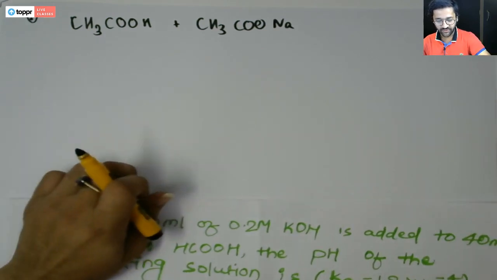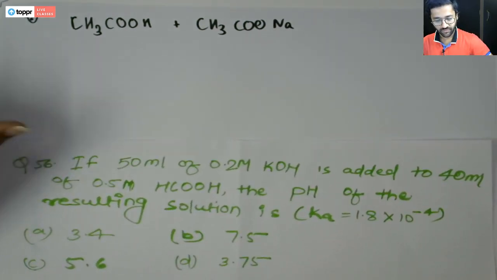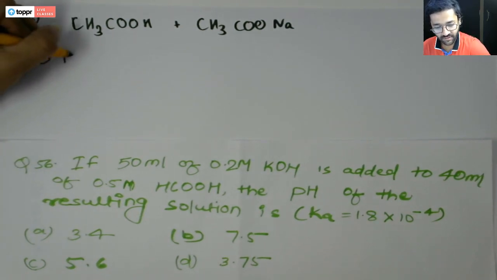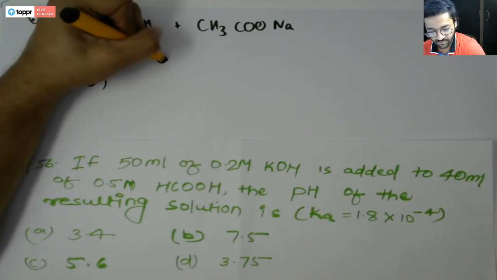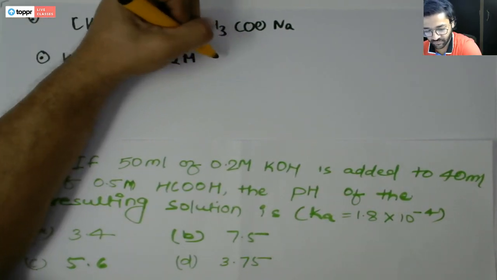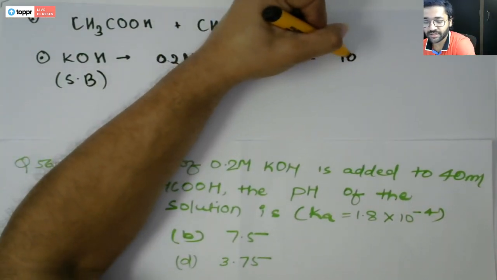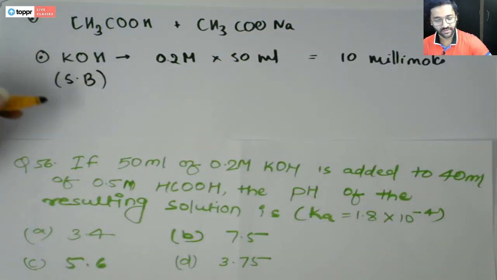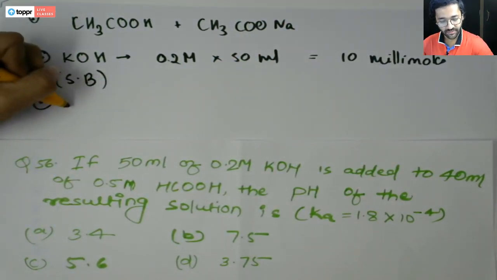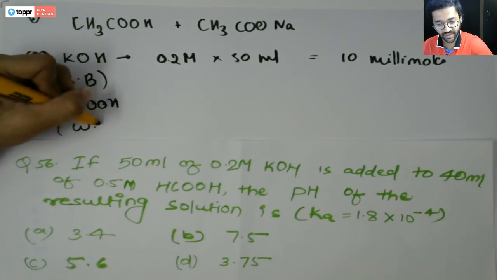So here we have two things. One is KOH, a strong base, which is 0.2 M, 50 ml. So how many millimoles? We have 10 millimoles, correct? Secondly, we have in the solution formic acid, HCOOH, a weak acid.